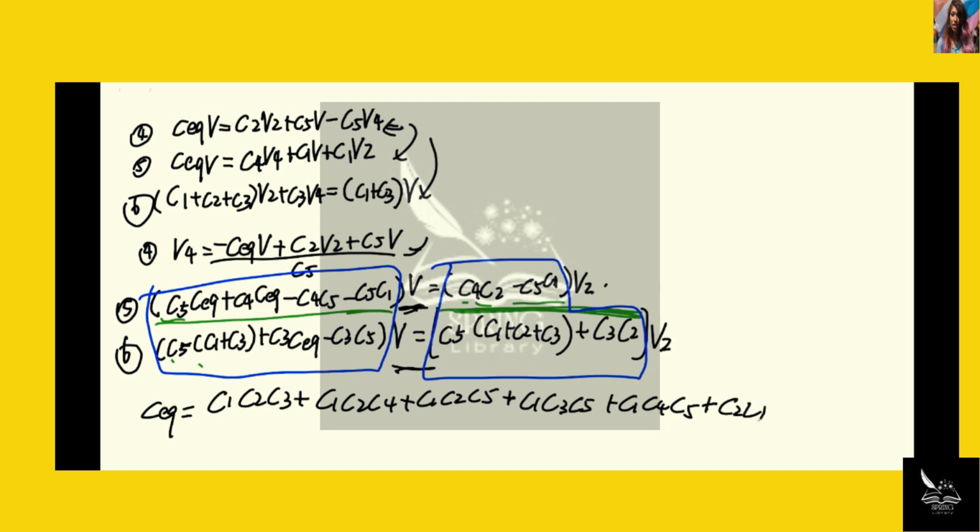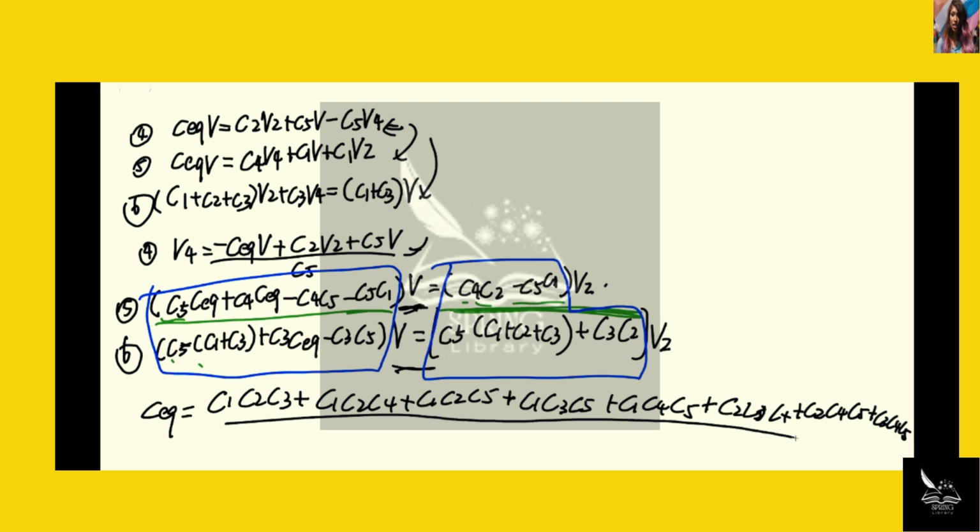C2, C3, C4 plus C2, C4, C5 plus C3, C4, C5. Whew. So that's just the numerator.